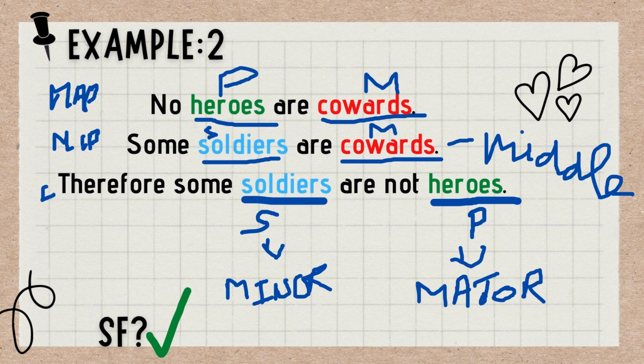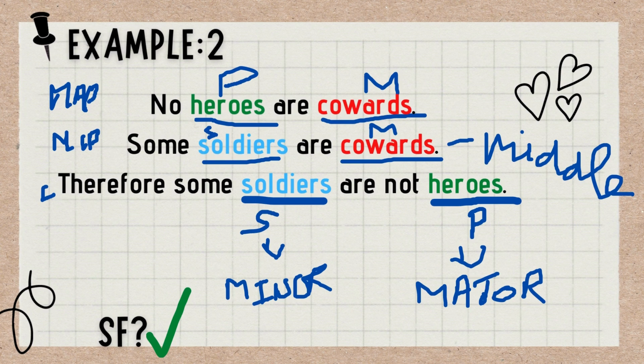How do we find the major premise and minor premise? The premise which contains the major term is the major premise. Which premise contains heroes? The first premise contains heroes. So, it is the major premise. Which premise contains soldiers? The second premise contains soldiers. So, it is the minor premise.